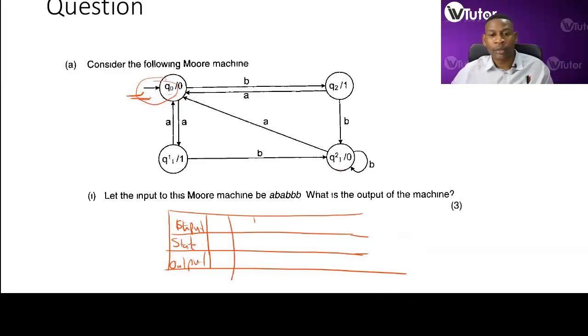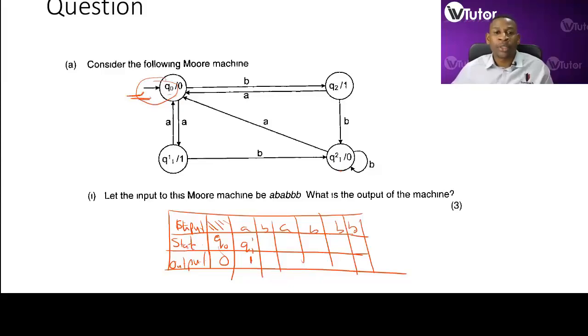The input is there, so we have A, B, B. When it is in state Q naught, it is with an output of 0. When it is in state Q1, there is an output of 1.